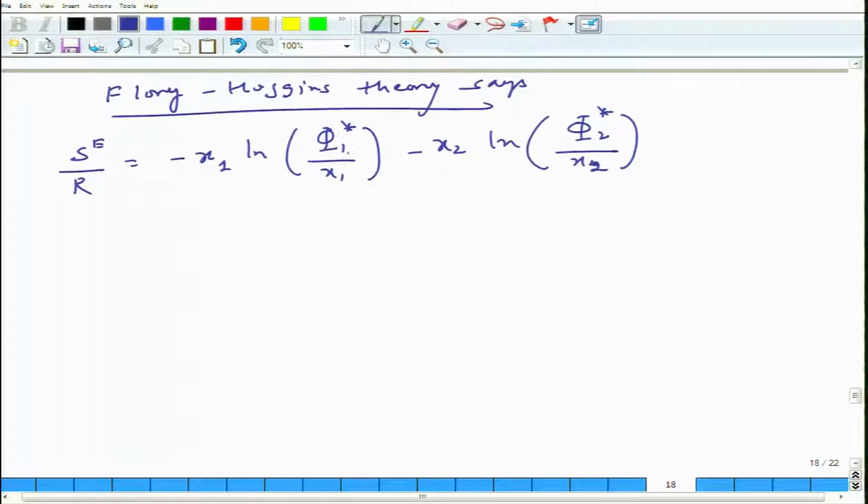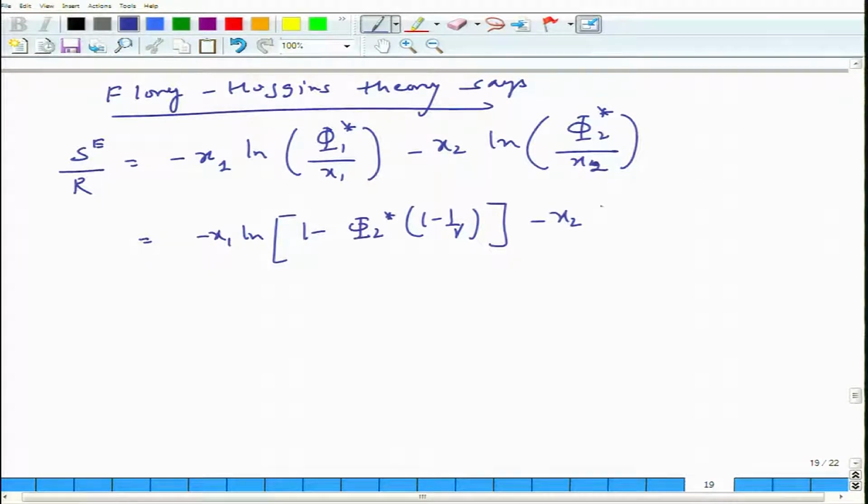And you can simplify this expression and bring in r, which is the number of segments in the polymer solute. So, without showing the detailed analysis, I am just writing the expression here: minus x2 ln r minus phi 1 (r minus 1). Okay. So, this is the expression.